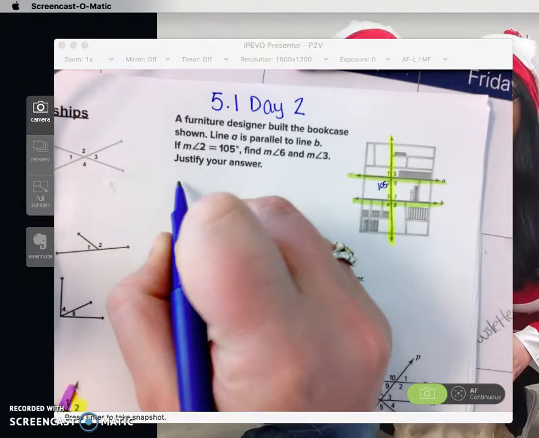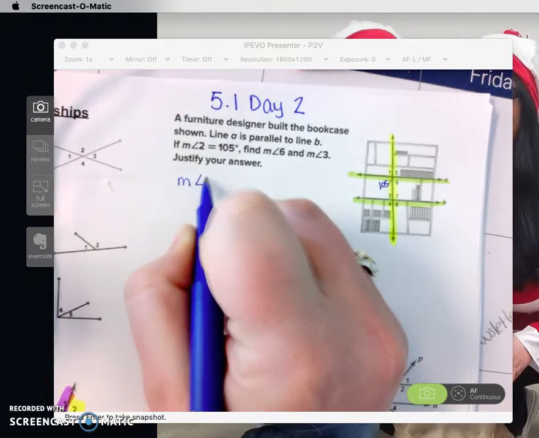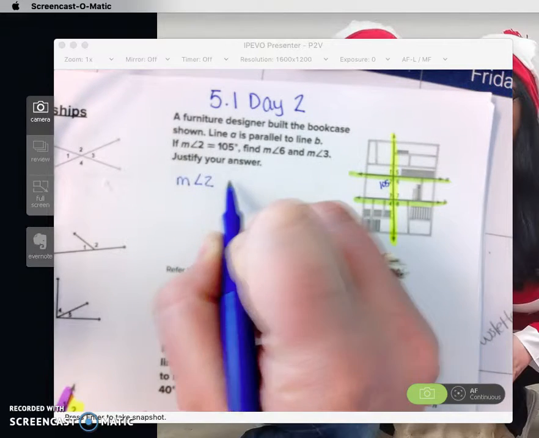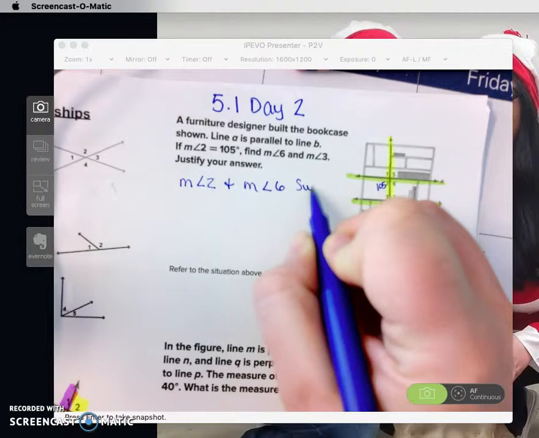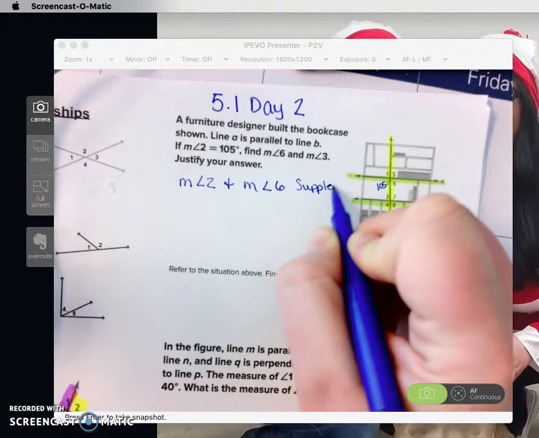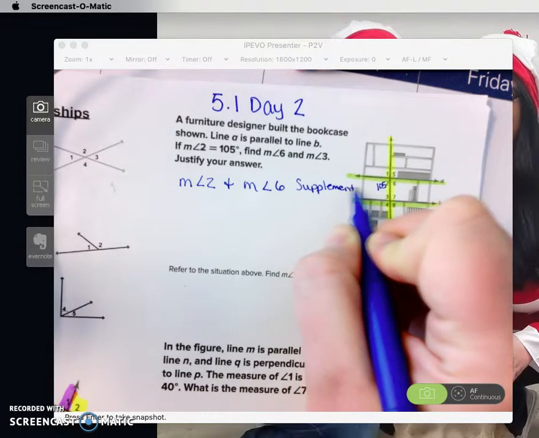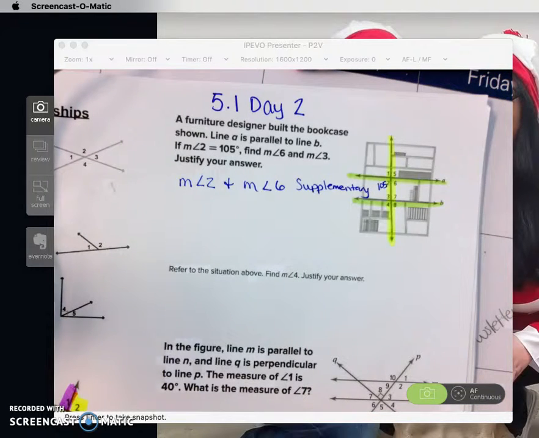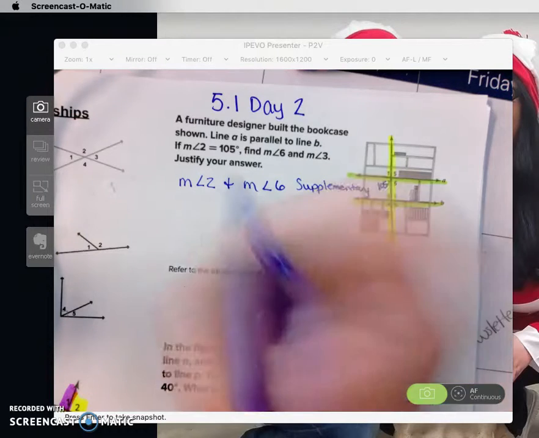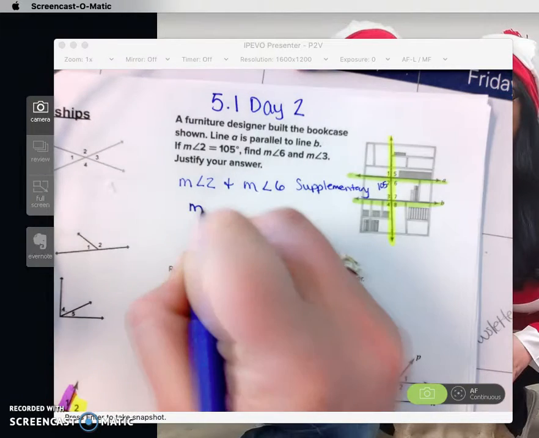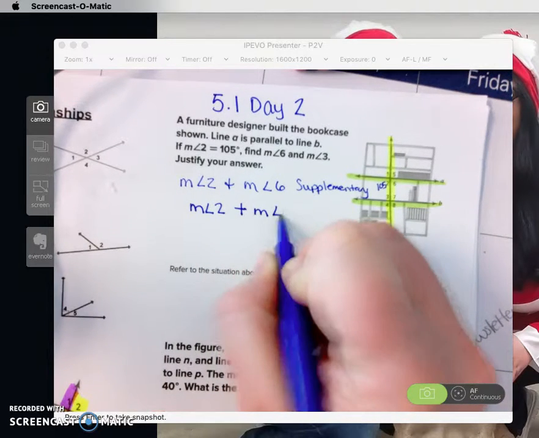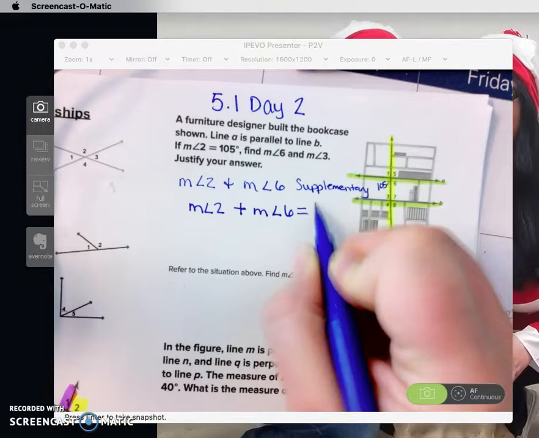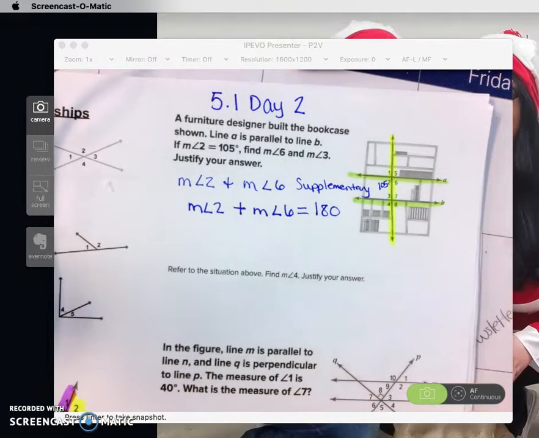So the measure of angle 2 and the measure of angle 6 are supplementary. Therefore, when added together, they equal 180 degrees. So the measure of angle 2 plus the measure of angle 6 has got to equal 180 degrees.